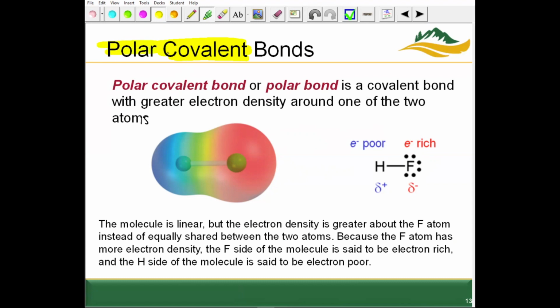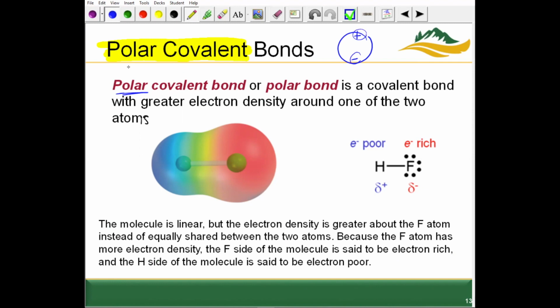Within this category of covalent bonds, we can have a polar covalent bond. A magnet has polarity to it. The poles of the Earth have polarity to them. Polarity means a separation of positive and negative charge.